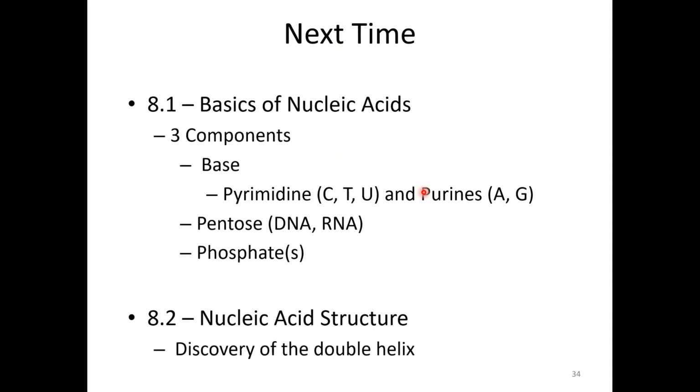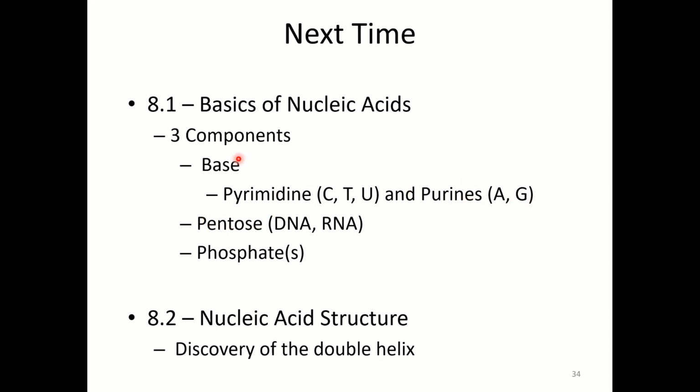The next lecture will be covering nucleic acids, from chapter 8, and really the 3 components of a nucleic acid. One is the base. The bases you probably know from biology. You have pyrimidines and purines, right? The A, G, C, T, those letters are the bases.